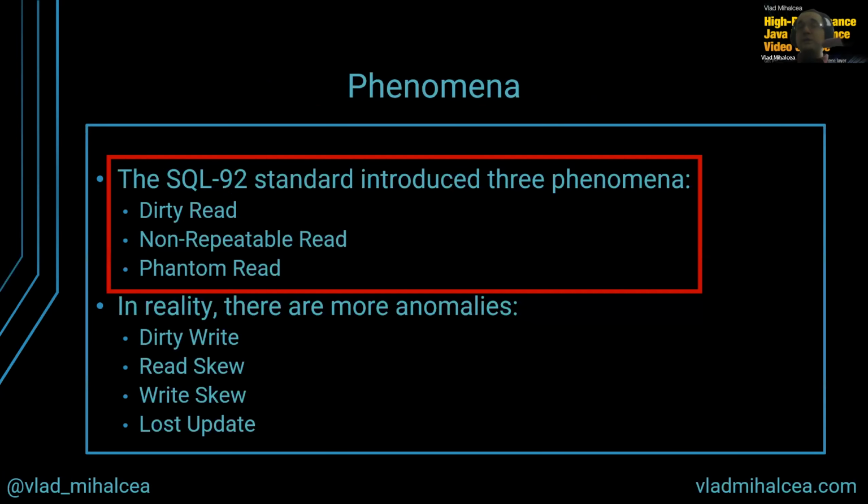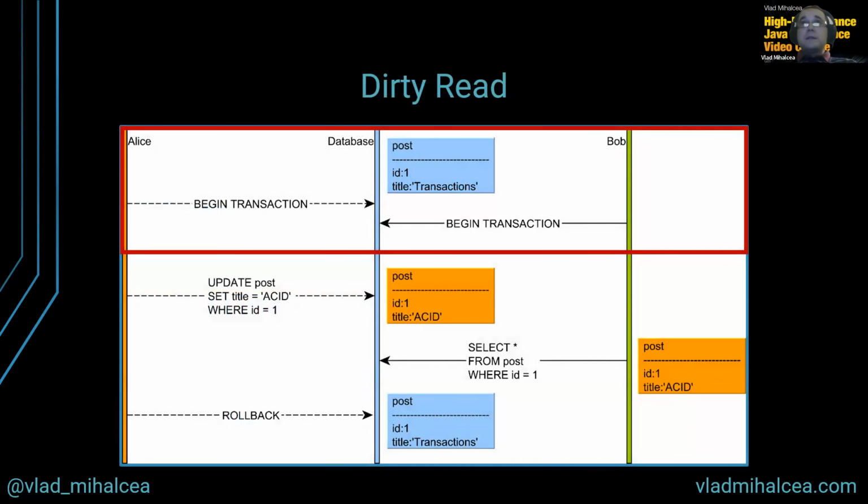And why is it important? It's important because two-phase locking could only generate these issues. But nowadays, in reality, we have more, like the one that we bumped into. The standard only tells you that you can have dirty read, non-repeatable read, and phantom read, which are basically related to whether you can take these read locks or not.